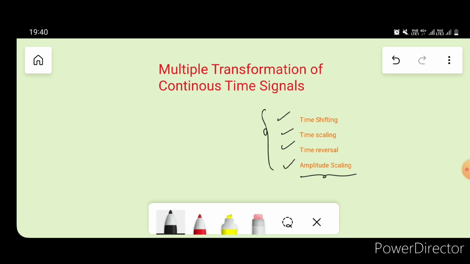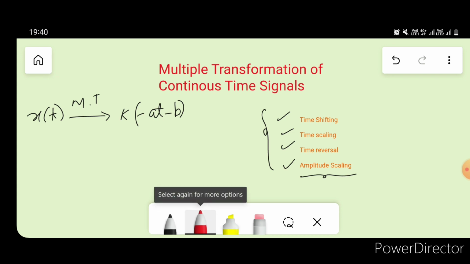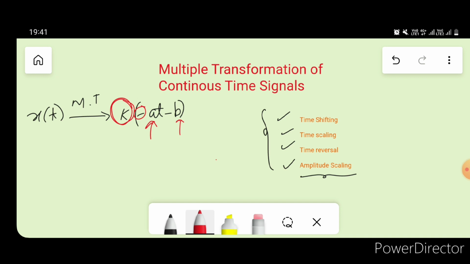Suppose x(t) is a signal, then x(t) can undergo multiple transformation as k x(-at - b), where x(t) is time shifted by b units, scaled by a units, reversed by the minus sign, which represents that the signal is reversed, and then amplitude scaled by k units.